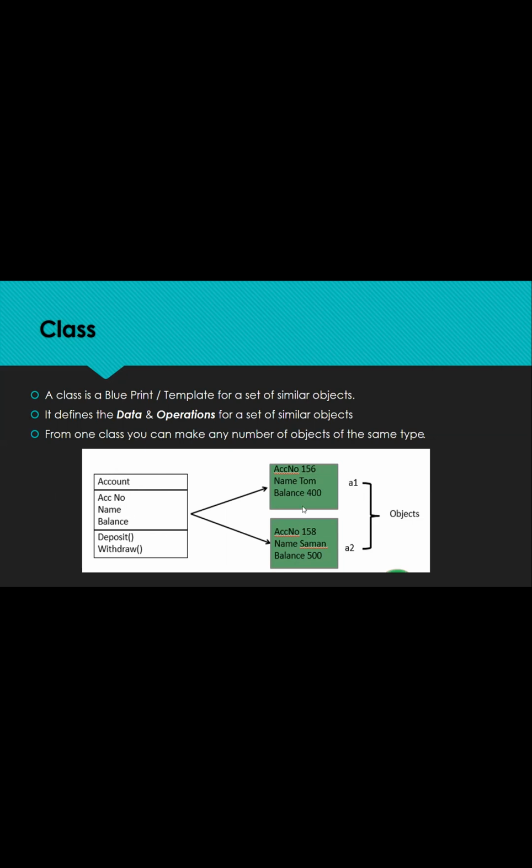But here in objects you have given the number, the name, the balance. Here it's just the structure. They have not given any values, but objects are the ones carrying the values, not the class. It just gives the structure, or else it defines the objects.